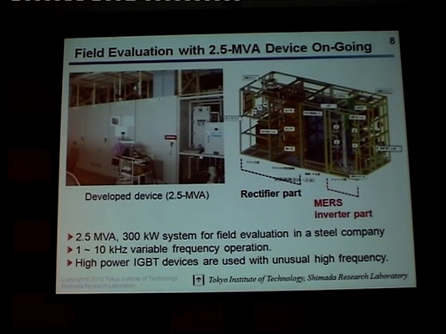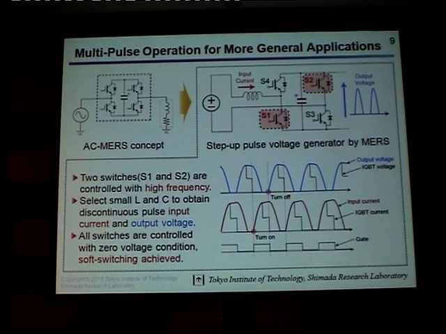High power IGBT devices are used at unusually high frequency. Usually, very high power semiconductor devices cannot be used for this 10 kHz switching frequency. Usually, one kilohertz or less is enough. But due to soft switching, we can use very high power semiconductor devices at this very high frequency.